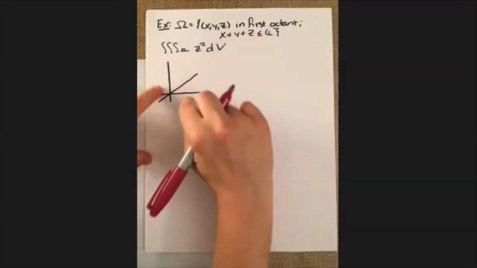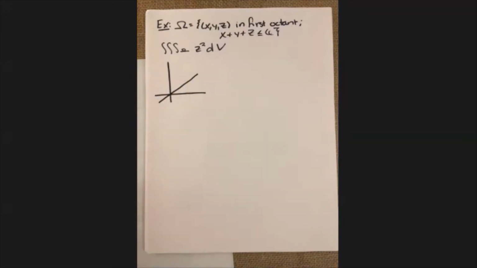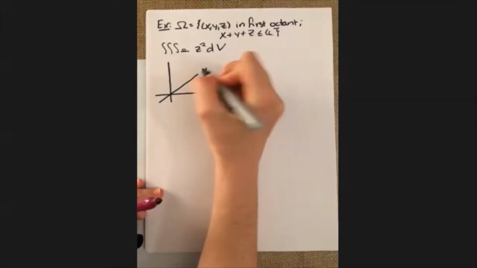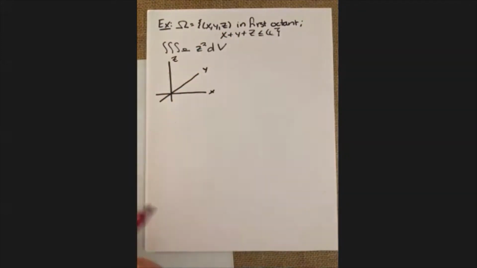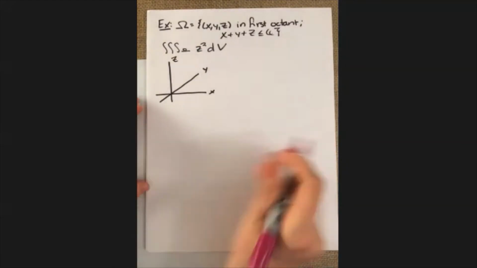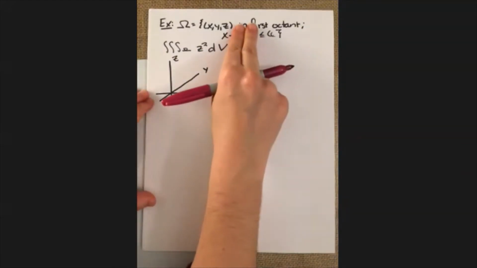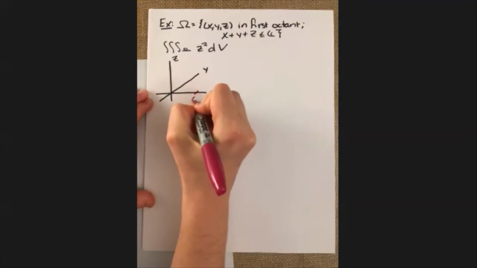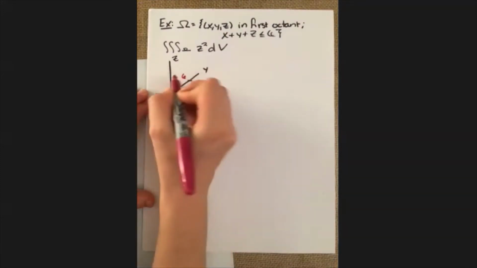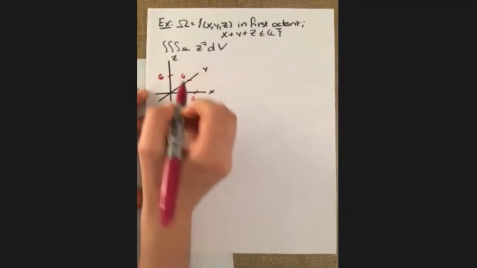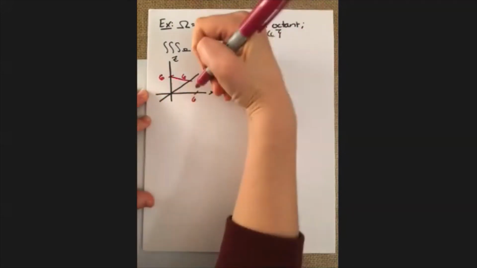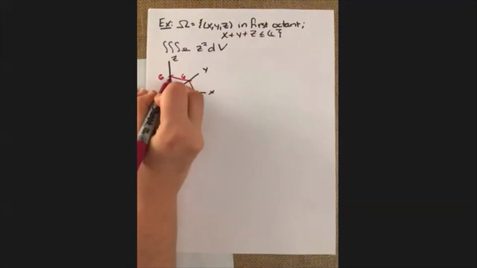The corner on the x-axis has to be at 6. Similarly for y and z in this case. So we're looking at this particular region right here.